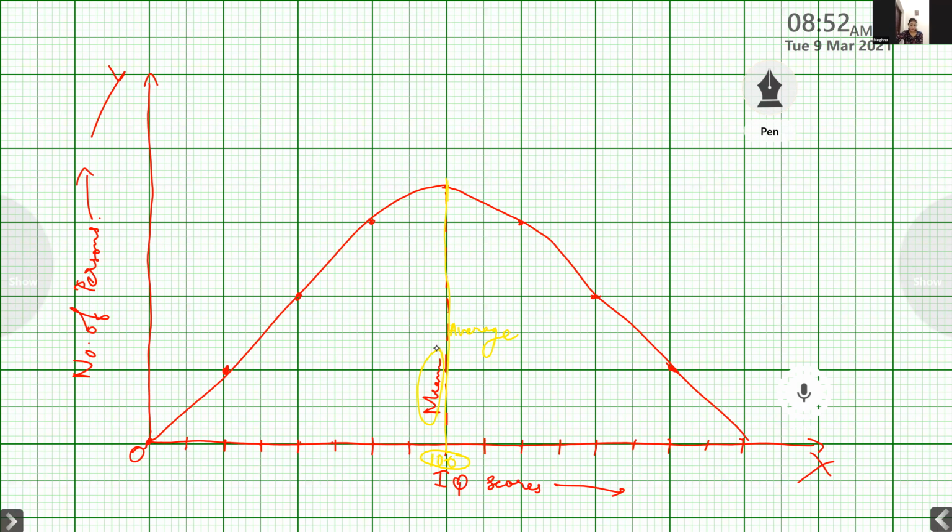People with IQ scores in the range of 90 to 110 have normal intelligence. Those with IQ below 70 are suspected to have intellectual disability. Underline the range of normal intelligence. The average is 100, but the range of normal intelligence is 90 to 110, where 110 is not included.